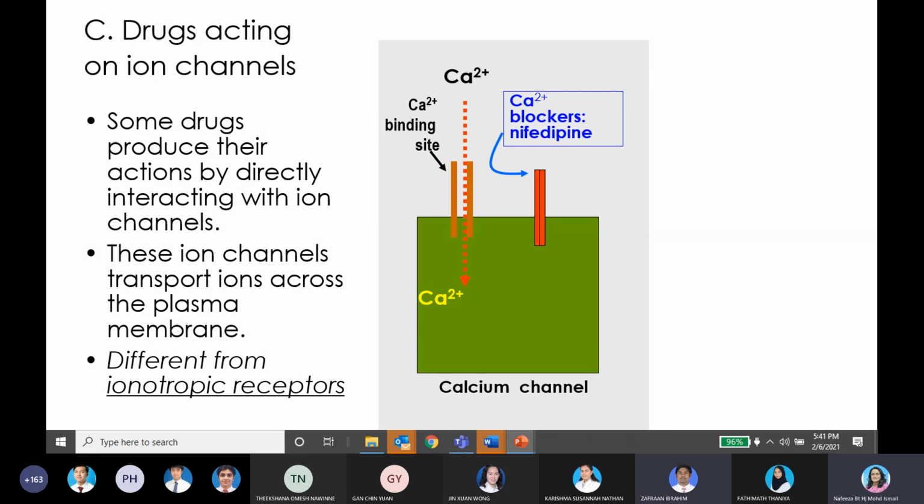Is that what you're saying? Yeah. But this is a special type. It's the L-type calcium channel. Nifedipine blocks only the L-type calcium channel, which is found on the myocardium and the vessels only. Okay. Thank you.